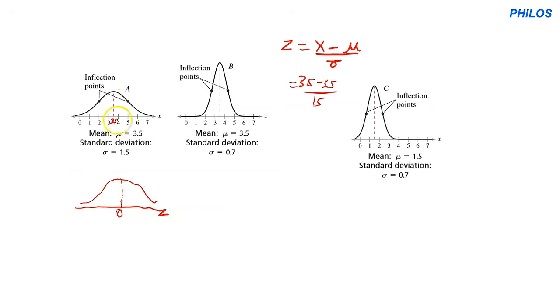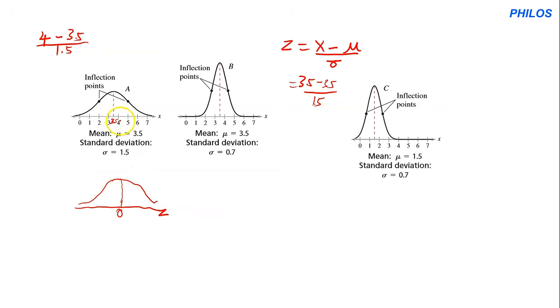Then let's check for 4 also. For 4, you have 4 as the x value minus the mean, 3.5, divided by the standard deviation of 1.5. So 4 minus 3.5 is 0.5, isn't it? 0.5 divided by 1.5 will give you 1 over 3, which is the same as 0.33.